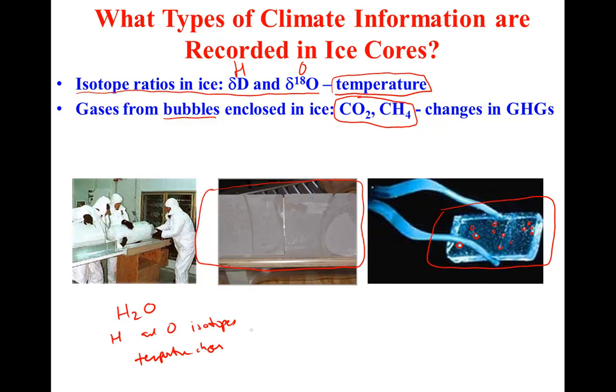So you can see why being able to obtain data on past changes in temperature and atmospheric greenhouse gas concentrations might be useful if we want to understand how current changes in temperature and greenhouse gases compare to those in the past, and where we might be going in the future with respect to climate as the amount of greenhouse gases in the atmosphere increases due to fossil fuel use.